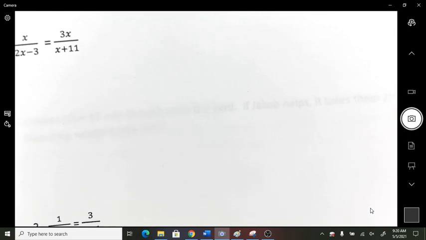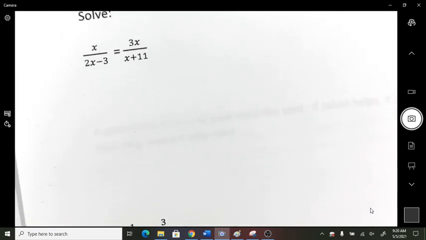Okay, solving equations. So solving, two strategies. You have to say which one you are picking. Your choices are cross multiply or common denominator draw. Okay, so which method do you think this one is?